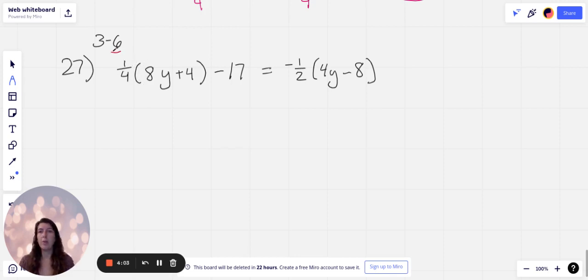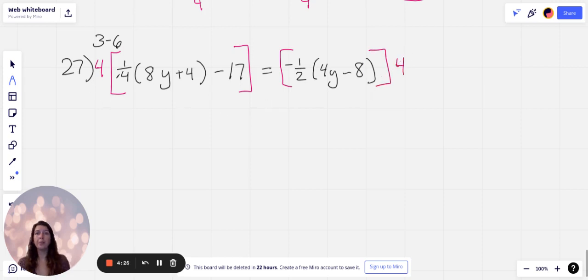So we're going to multiply this side by 4. And the thing that you have to be careful of is when you multiply the side, you have to multiply the whole side, which means you're going to distribute that 4 to the 17. And then we're going to also multiply this side by 4. Okay? So when I do that, there's actually 2 terms in here.